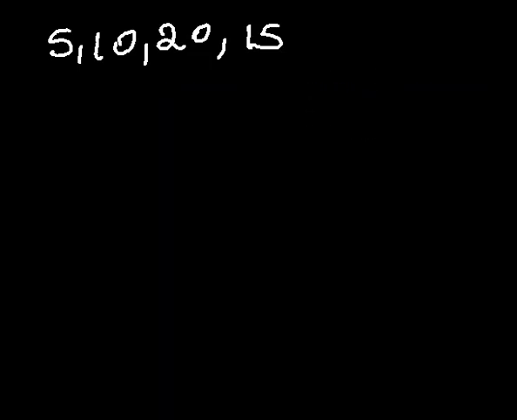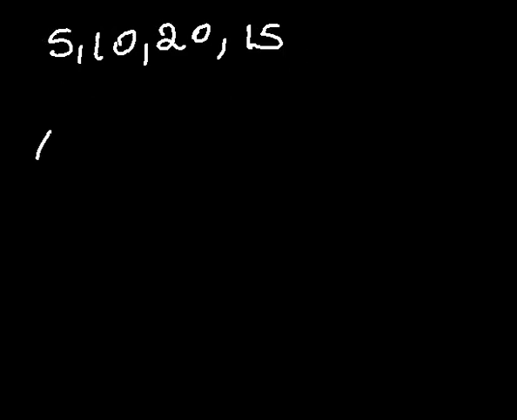So let's think of having the mean. Let's say this is the sample data. What is the mean? So x bar will be given as the summation of the values divided by their frequency, in the sense that we'll have 5 plus 10 plus 20 plus 15, which is given as 50.